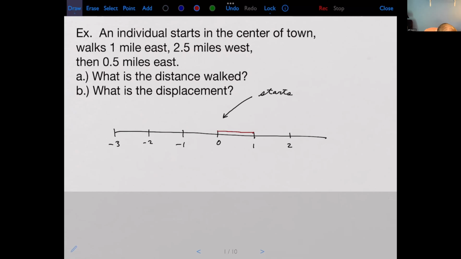So they turn around and go 2.5. I guess they're going to stop there, around -1.5 here. And then they go back 0.5 miles east. So they're going to end right there. They're going to finish at that location.